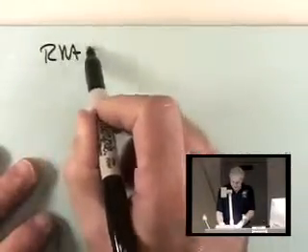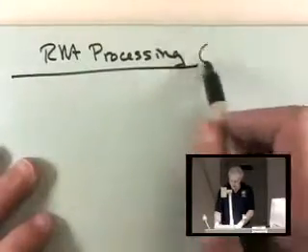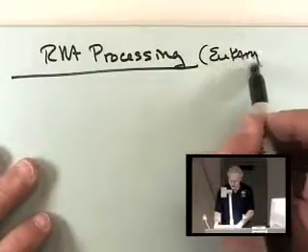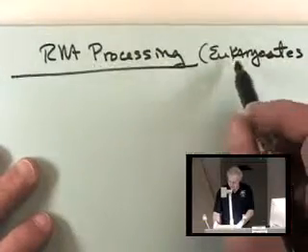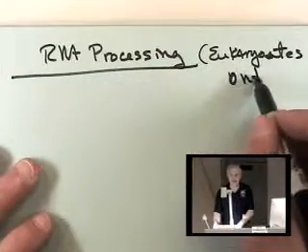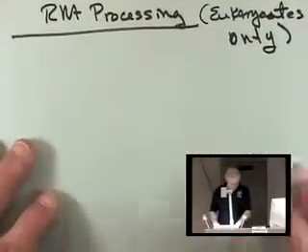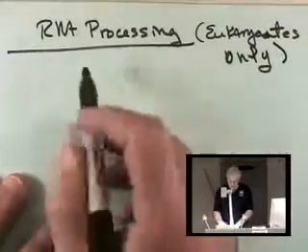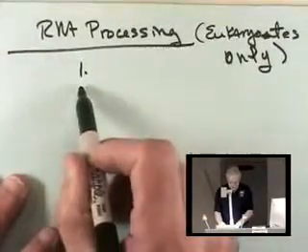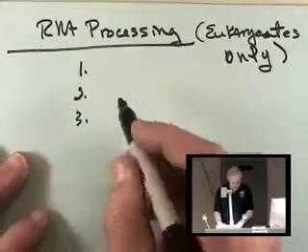Let's now consider RNA processing in total. And again, eukaryotes only. So there really are three examples or three processes of RNA processing.